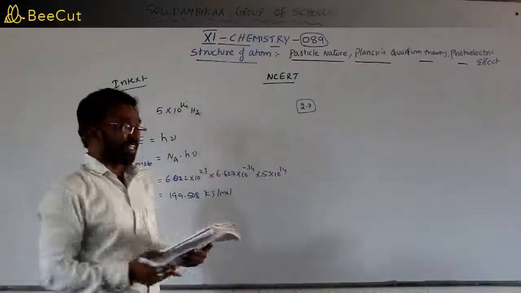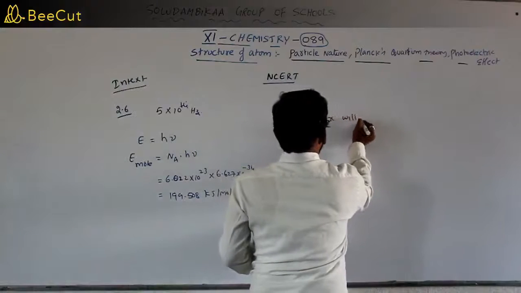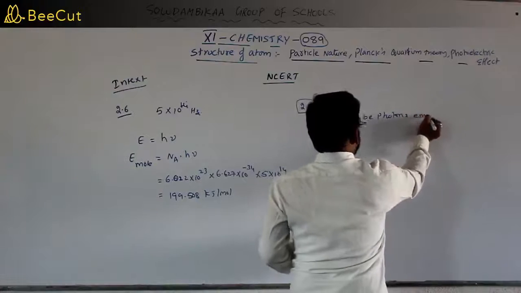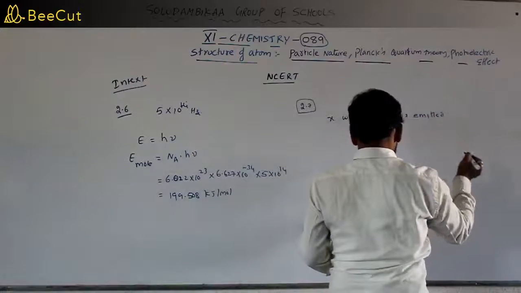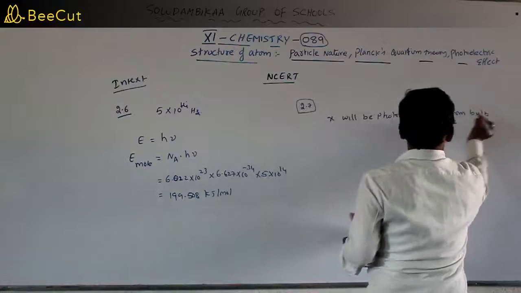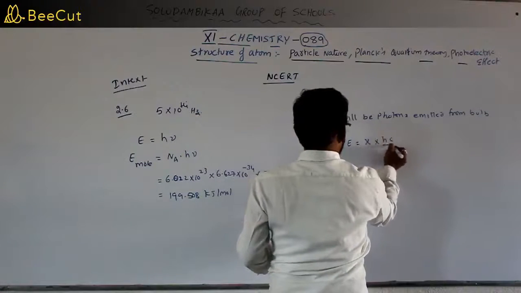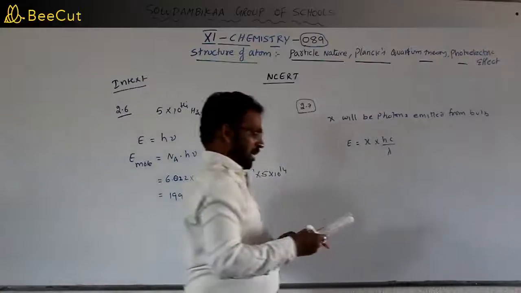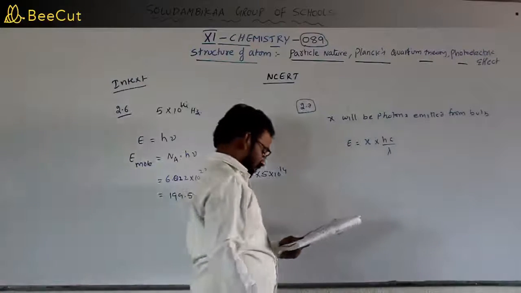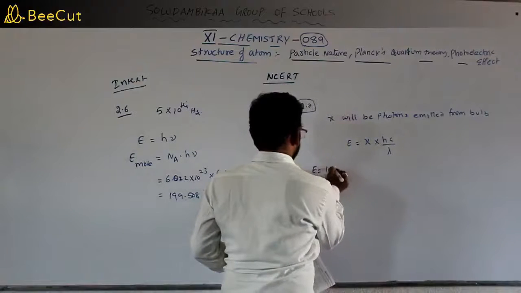Suppose x is the number of photons emitted from the bulb. Then energy is equal to x into hc by lambda, we can write. Energy, how much is given? Energy is equal to 100 joules.